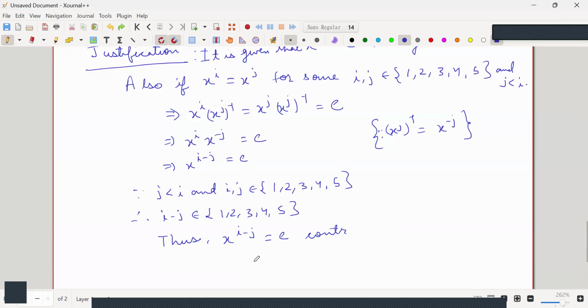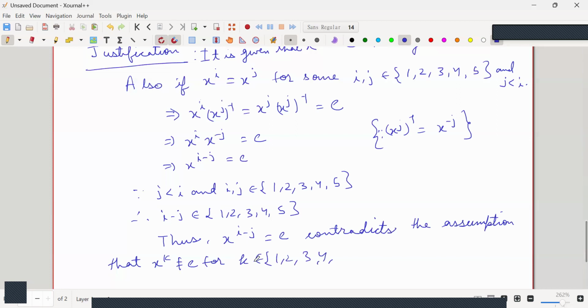contradicts the assumption that x^k is not identity for k belonging to 1 to 5.